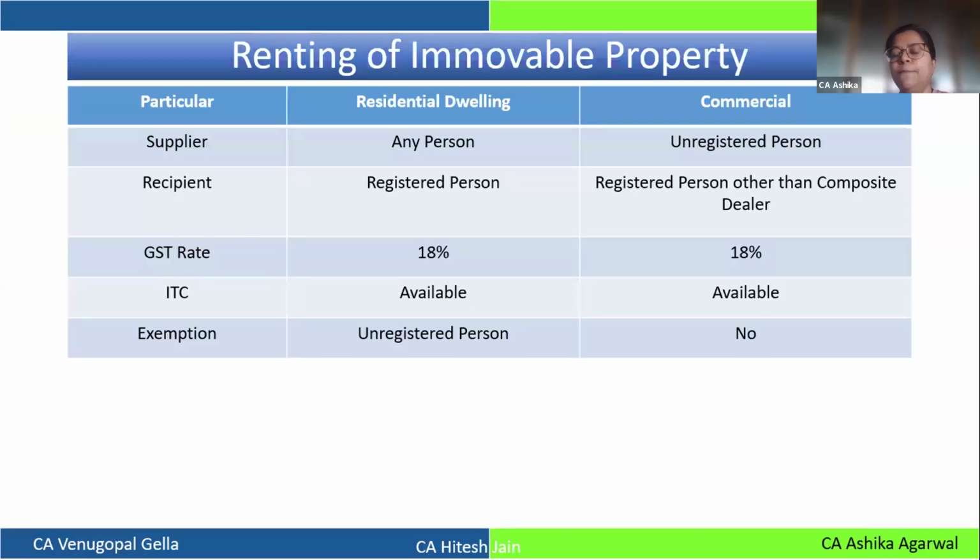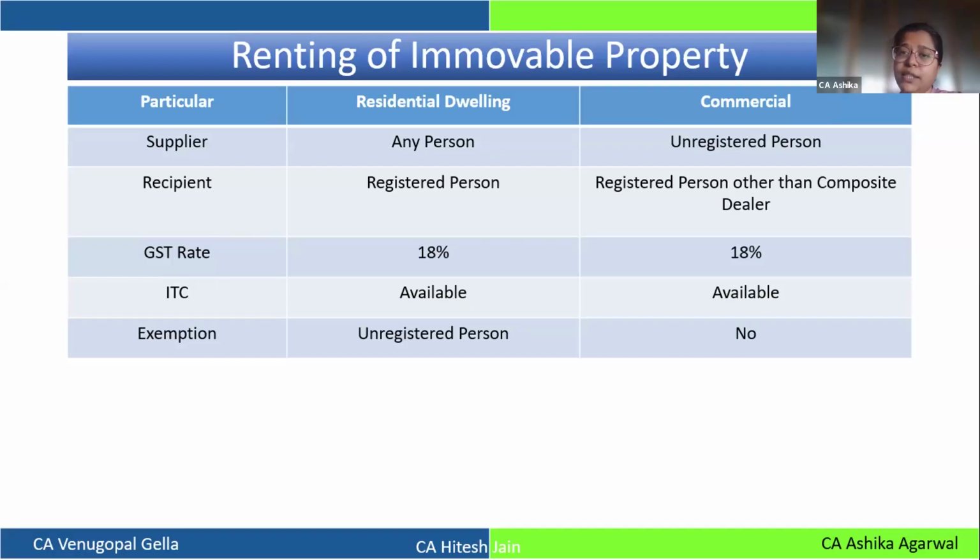Similarly in this immovable property also. If you see the way it is plotted, the first part, supplier. Supplier, it can be any person. When it says any person, it is too wide. It can be registered also, it can be unregistered also. Similarly is the commercial unregistered person.